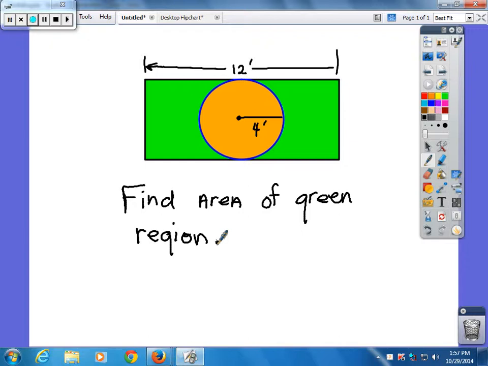Why do you have to think on this one? No, you got the radius. The radius is 4. Because the shaded area is outside the circle, you subtract the orange area from the green area.